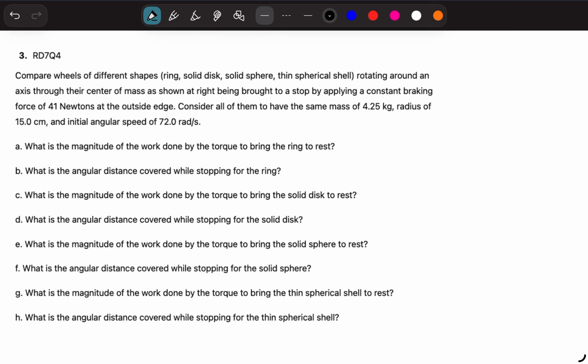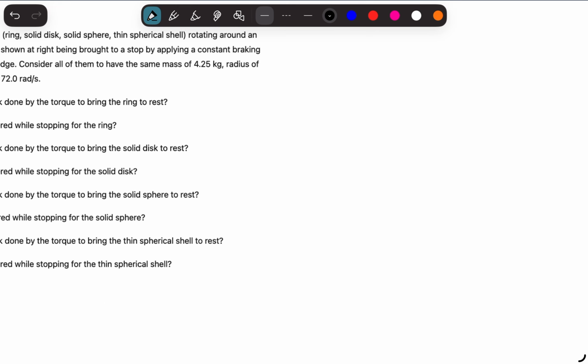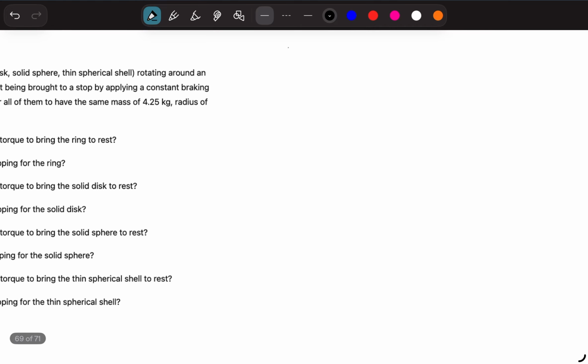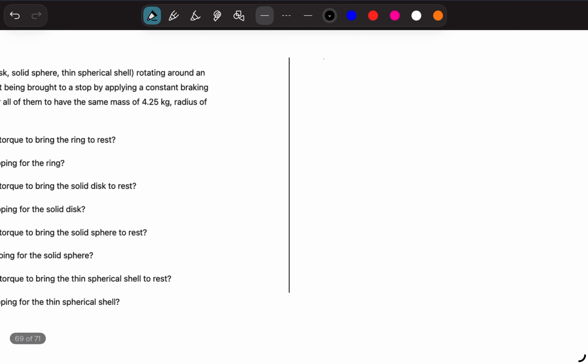So, we can draw this out. We have a ring.